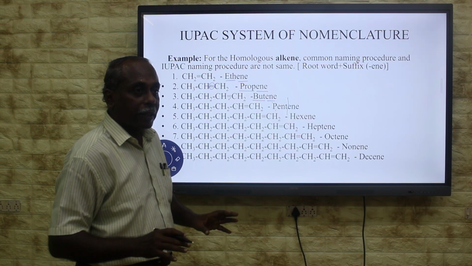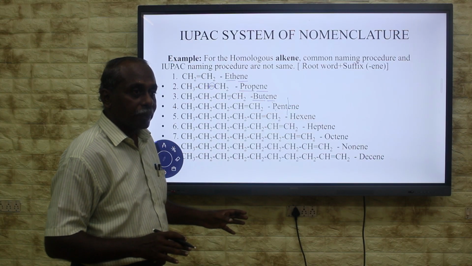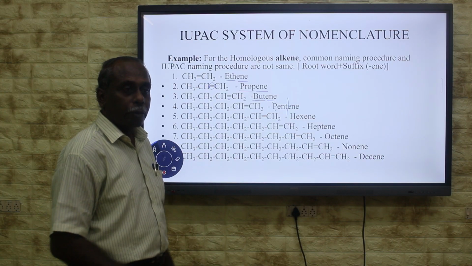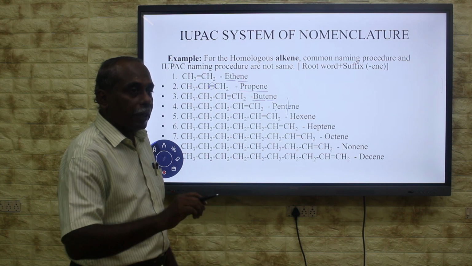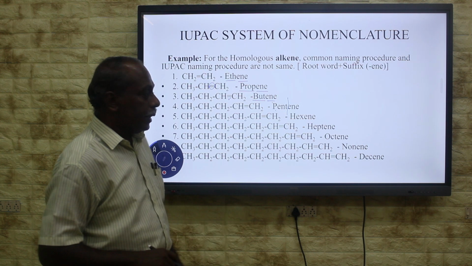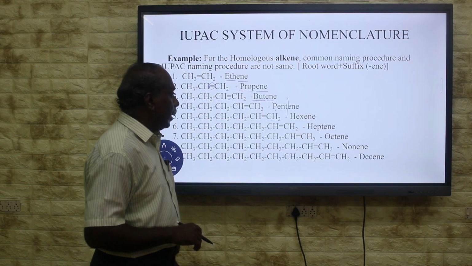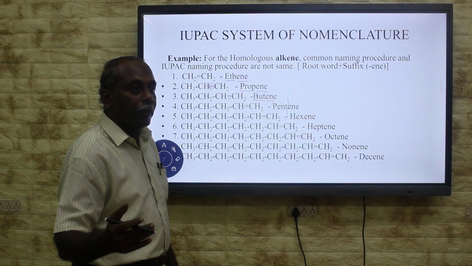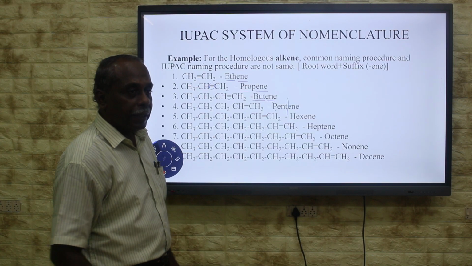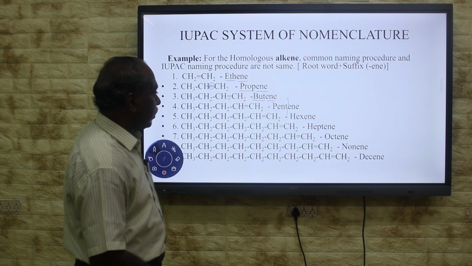It is not mentioned according to the IUPAC system. If it is cyclic, it has to be mentioned. For open chain, you need not talk about this. Here there is no functional group, therefore we won't go to the secondary suffix.